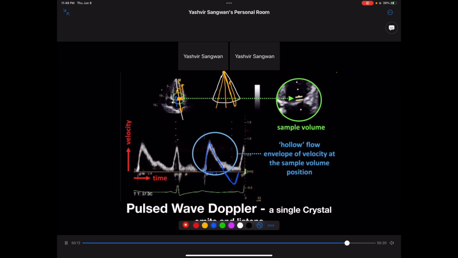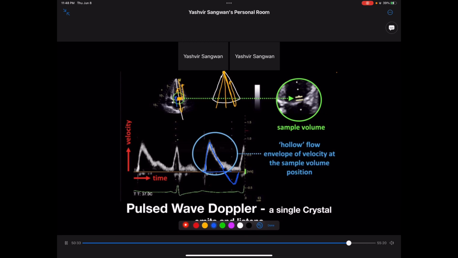Okay? Now, because of the fact that there is a frame rate involved, if the velocity of the blood coming through is too high, then you will have the same effect as looking at a tire go backwards when the car is moving forwards.